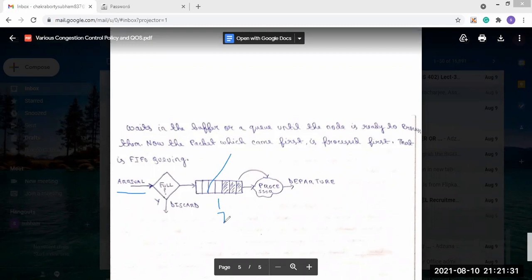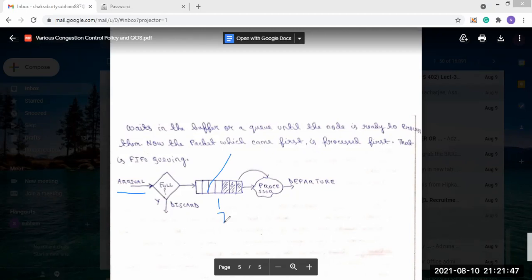Now when the packet comes, it will be added into the queue. But before that, we have to check whether the queue is full or not.